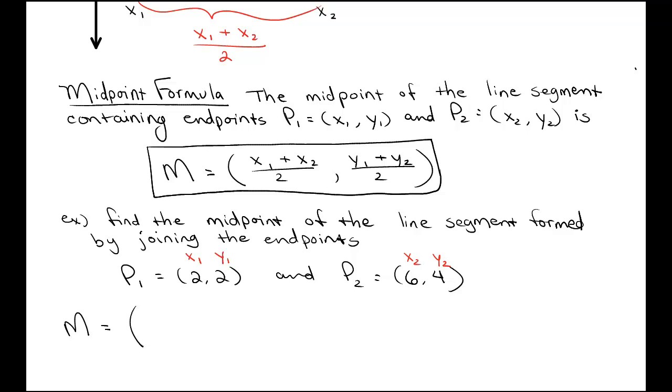M is going to be equal to our X sub 1 plus X sub 2 divided by 2 comma Y sub 1 plus Y sub 2 divided by 2. The more times you write this down, the easier it's going to be for you to remember.